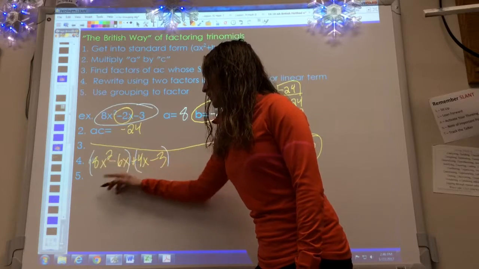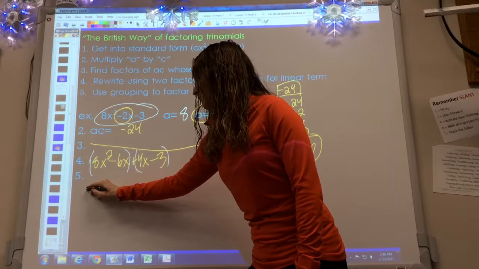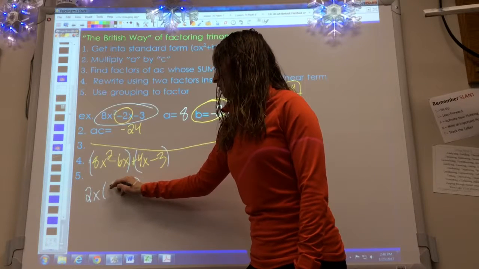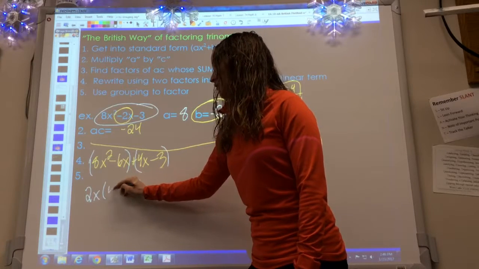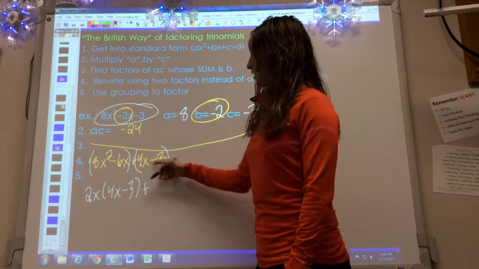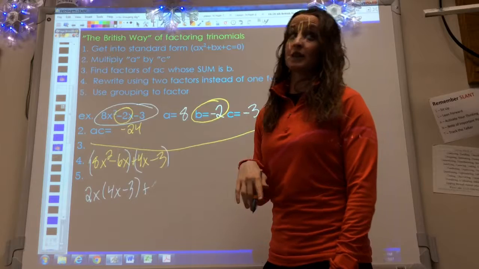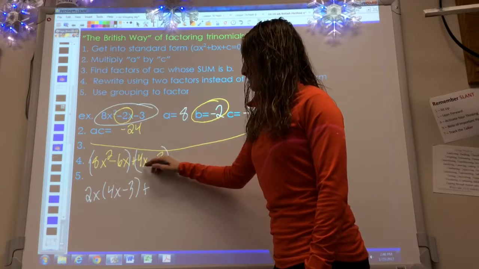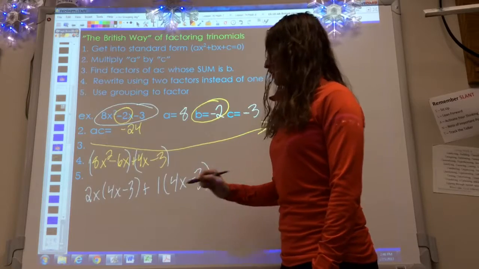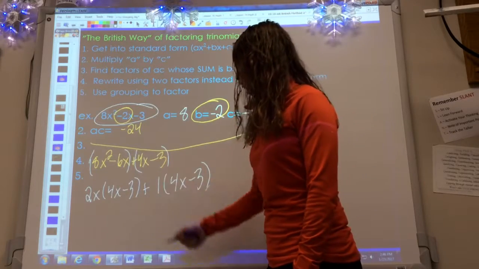What comes out of this one? 2x. What are we left with? What is the only thing we can take out of this one? No, not X. Sometimes we only can take out 1.